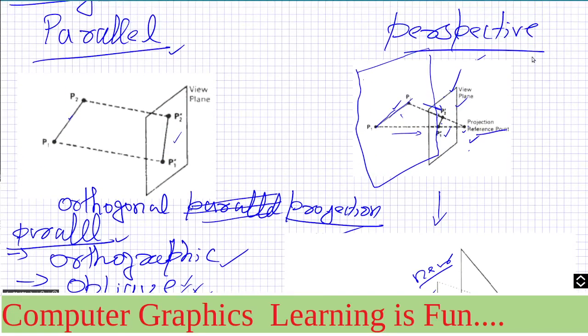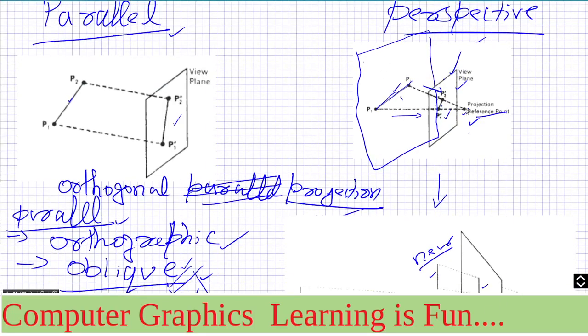Other than that, we have perspective projection. What happens here? Whatever objects are there have converging lines, which converge to the reference point. Okay. So where these converging lines cross the viewing plane, only that much bigger are the objects visible. Okay.